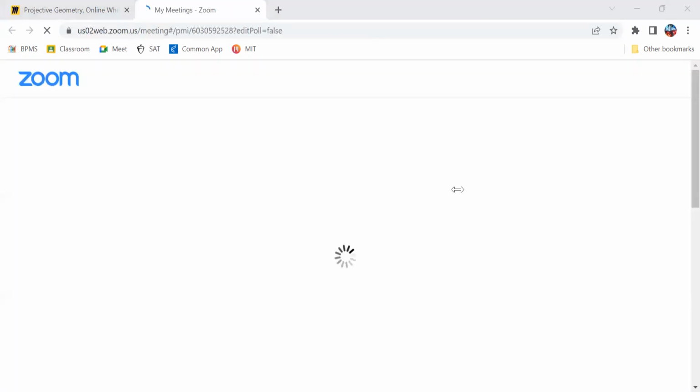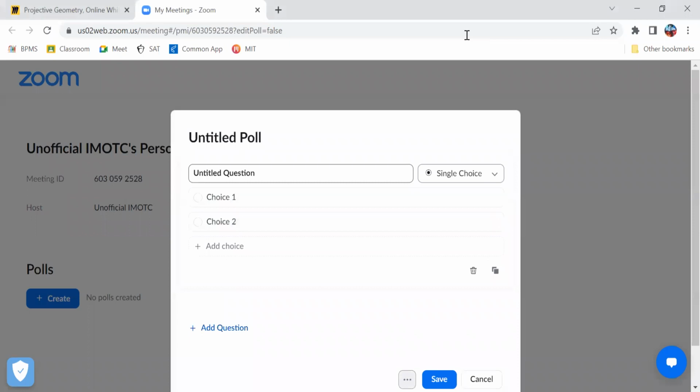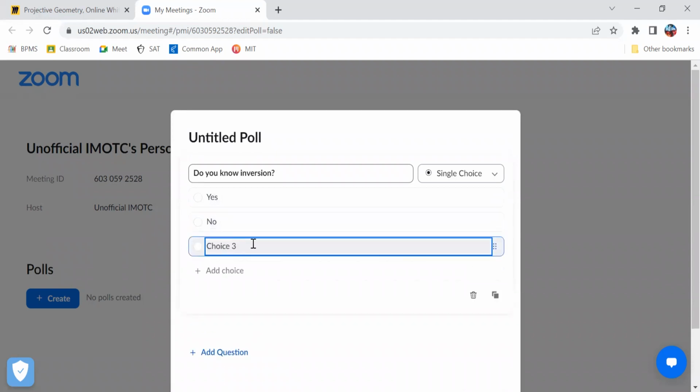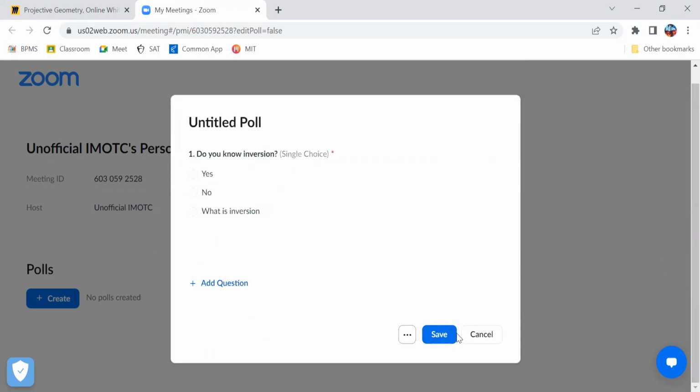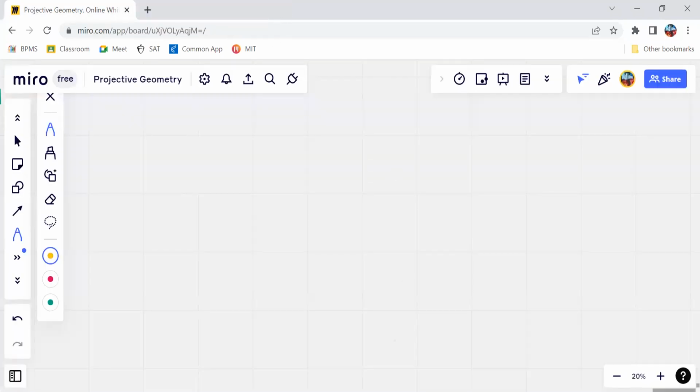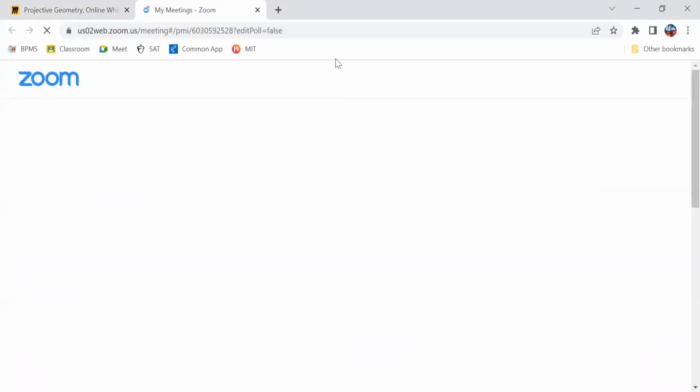Fine. No one actually responds to this. People do respond to polls, I've seen this. Yes, okay, respond to the poll. You probably forgot to launch it. You have to launch it. No, you have to launch the poll.